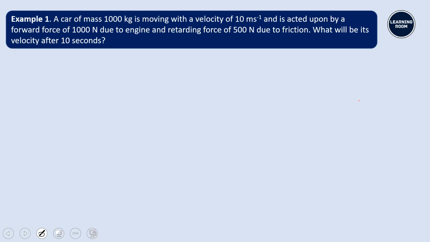So let's try this. A car of mass 1000 kilograms is moving with a velocity of 10 meters per second and is acted upon by a forward force of 1000 Newton due to engine and a retarding force of 500 Newton due to friction. What will be its velocity after 10 seconds? First, let's collect the data.